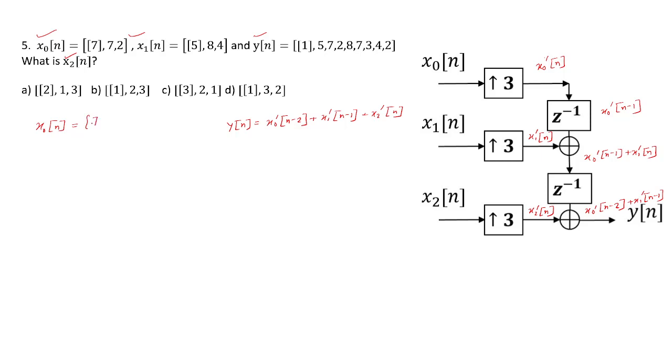It is given by 7, 7, 2, with the 0th index. Therefore x0 dash of n is obtained by introducing 2 zeros between every adjacent sample, and x0 of n minus 2 is obtained by shifting the sequence to the right.